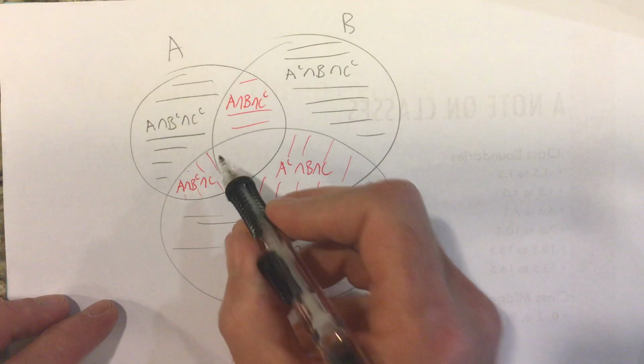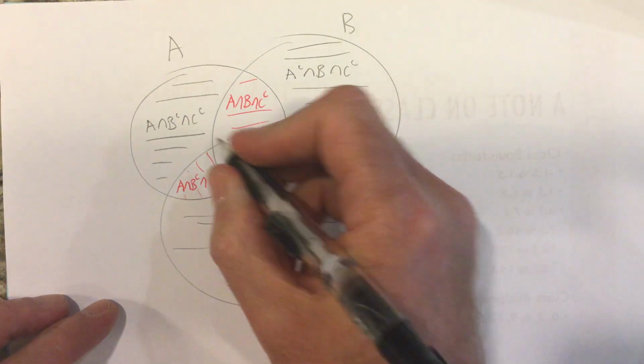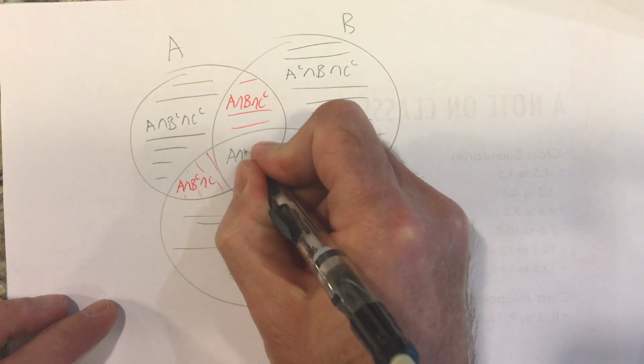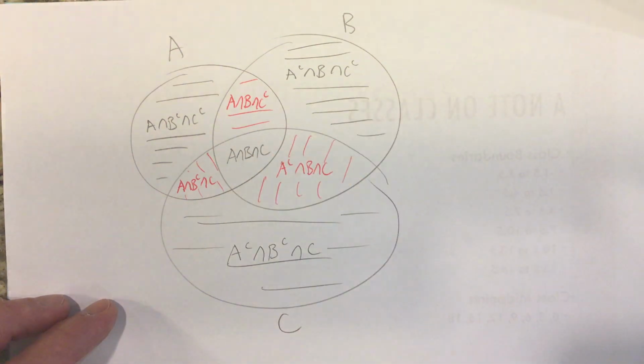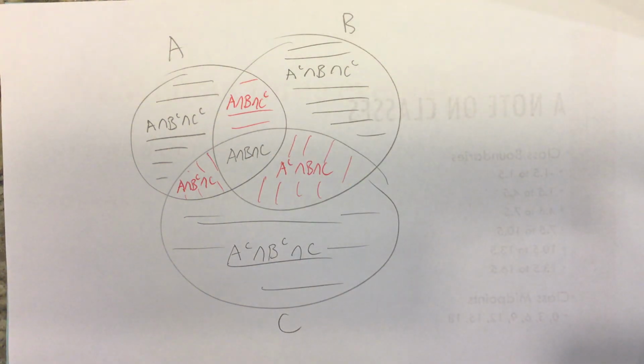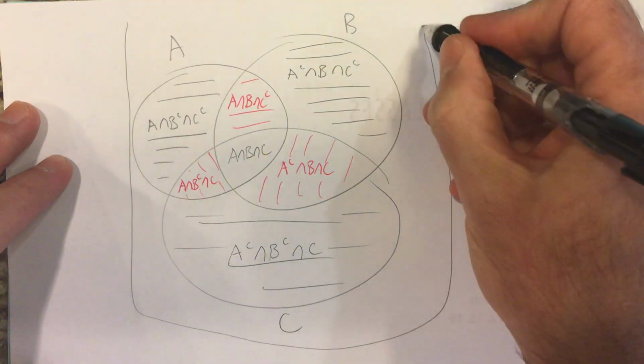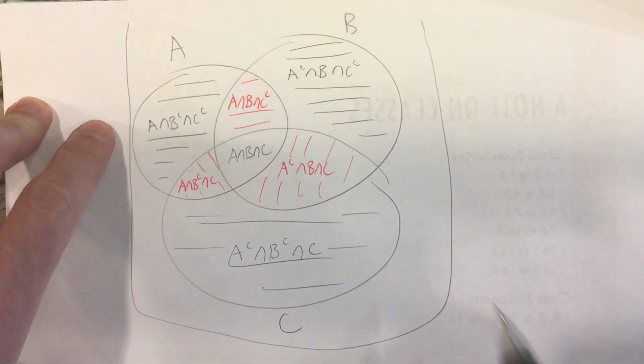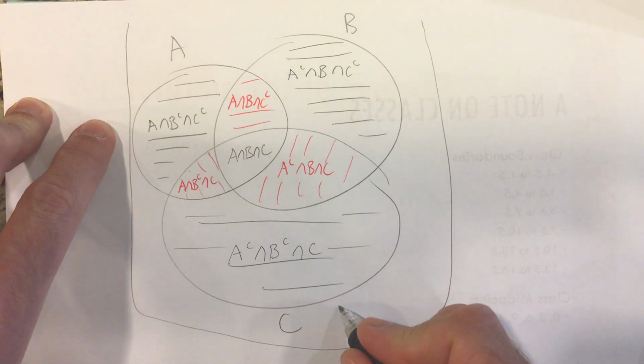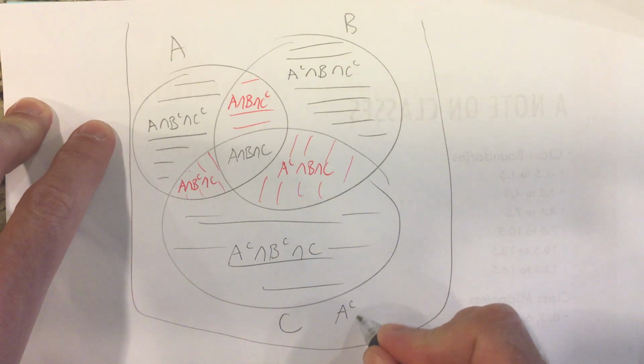And then that leaves the middle overlap where all three events occur. So this is simply A intersect B intersect C. So there's all the different pieces of the puzzle. Oh, and by the way, I guess I should draw one more thing. There's no guarantee that all of them happen. It could be there's this bit outside here that is none of them happen.